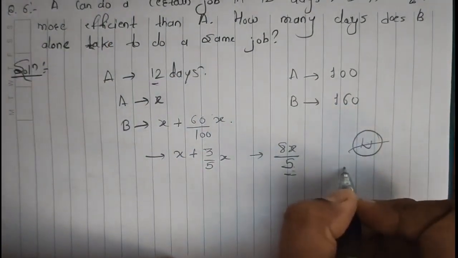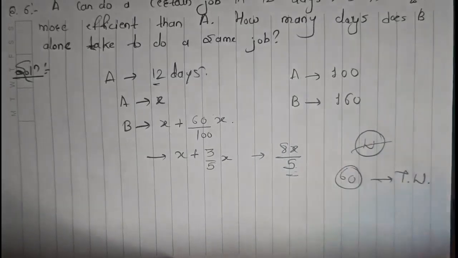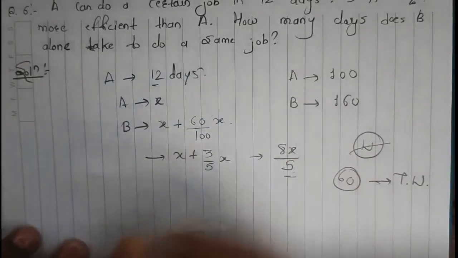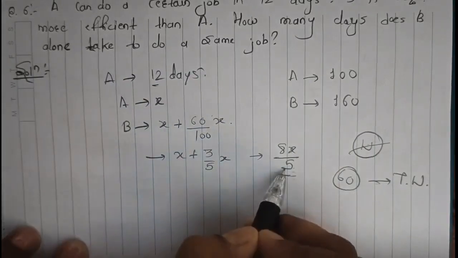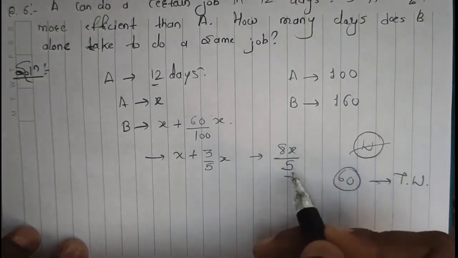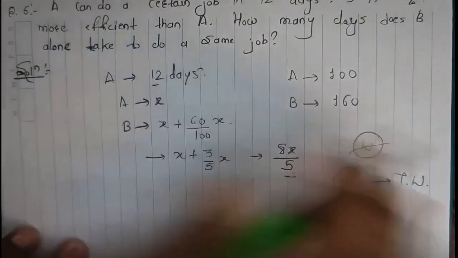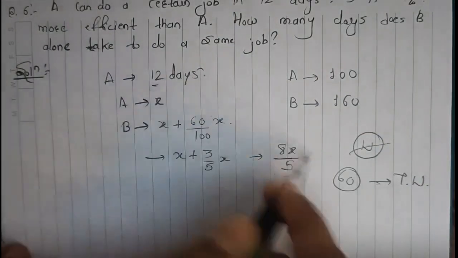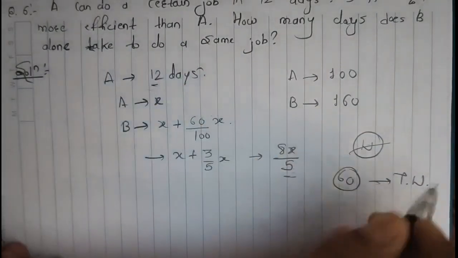In B's efficiency we have 5 in the denominator. Just for the future, if we want to divide anything by 5, we should consider 60 as the total work, and definitely the 12 factor. So the LCM of 12 and 5 is 60. Now the total work is 60.